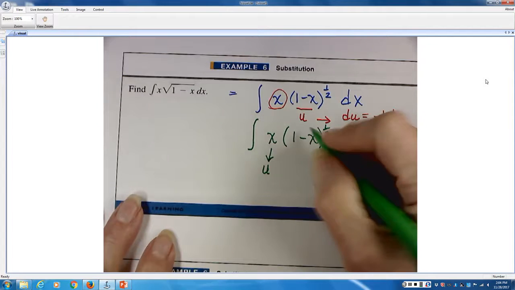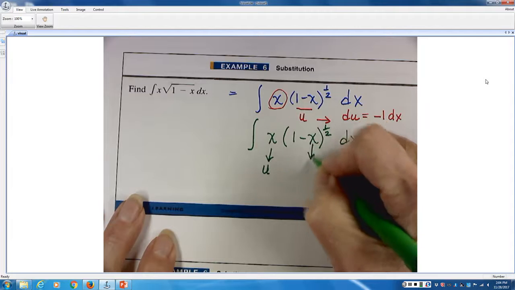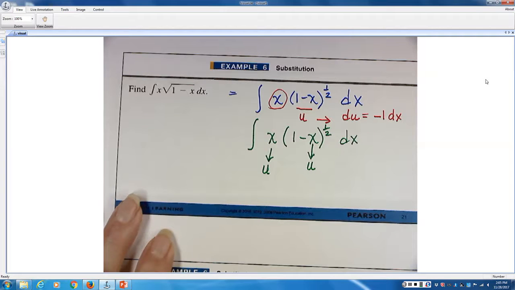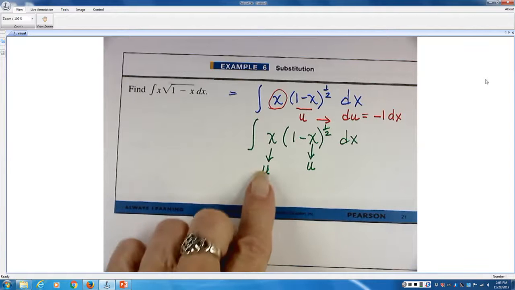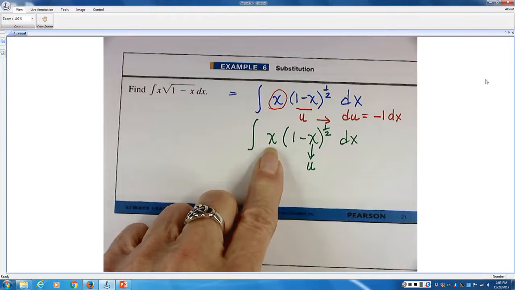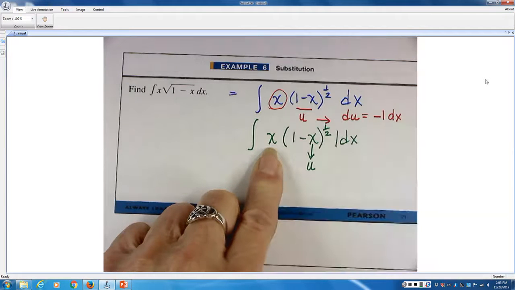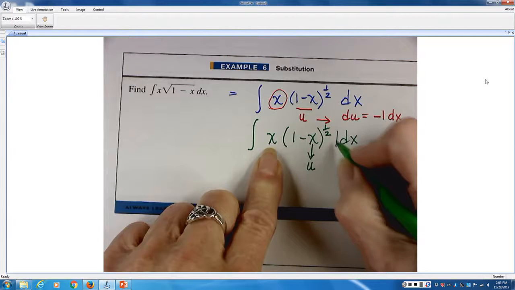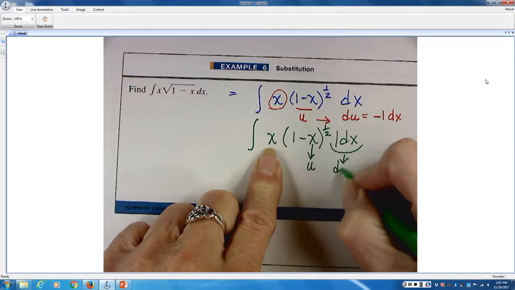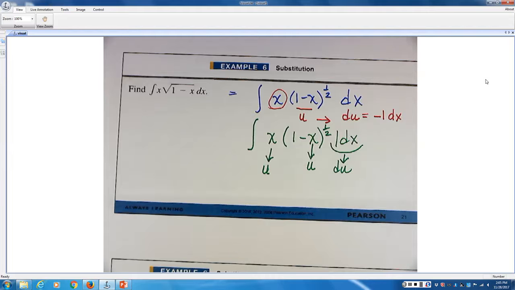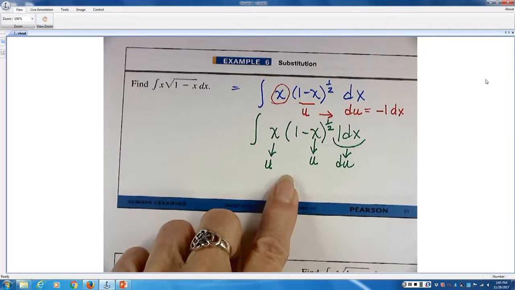If that's u, then this is also u. And we can actually multiply those together if this is going to work. So the question is, if this is going to work, what is the derivative of x? 1, positive 1 dx. Well, we've got positive 1 dx. So there's du.